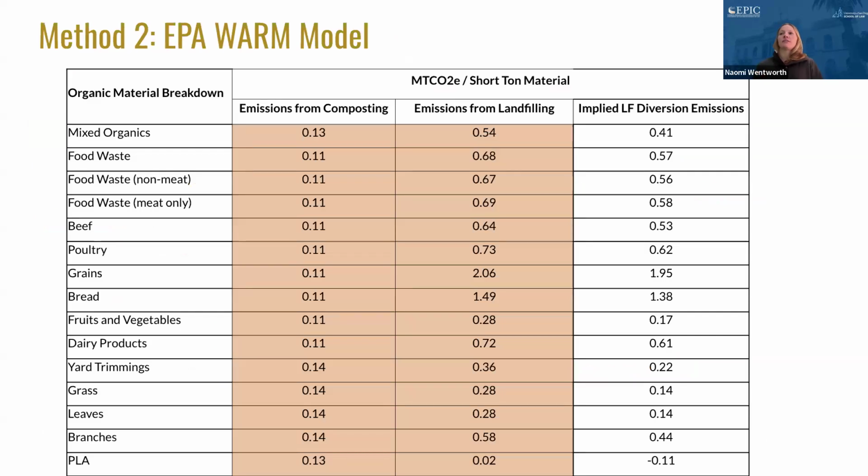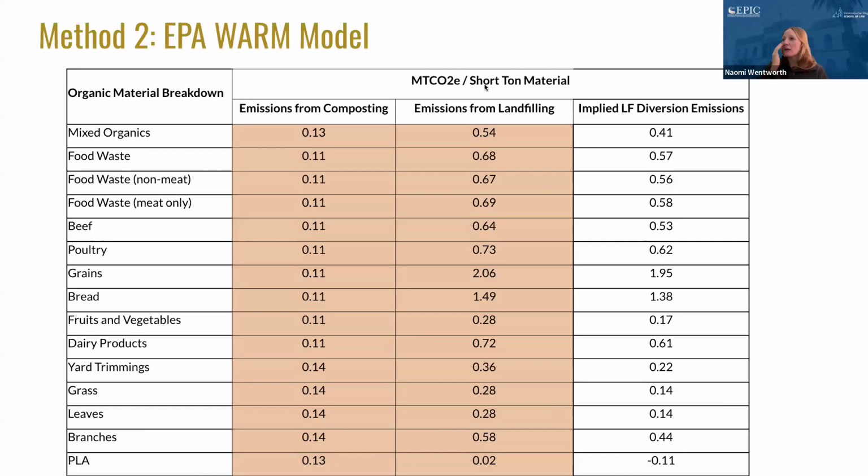I pulled out just the organic material breakdown. You'll notice that there's a lot more options here than what was in CARB's model. You can look at dairy products, bread, grains, poultry. But I tried to pull it out exactly in a simplified way, how they're going to show it.